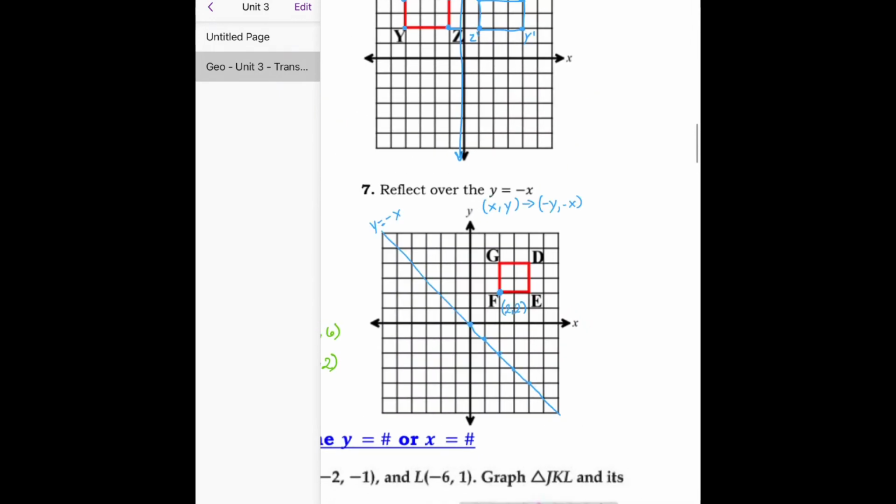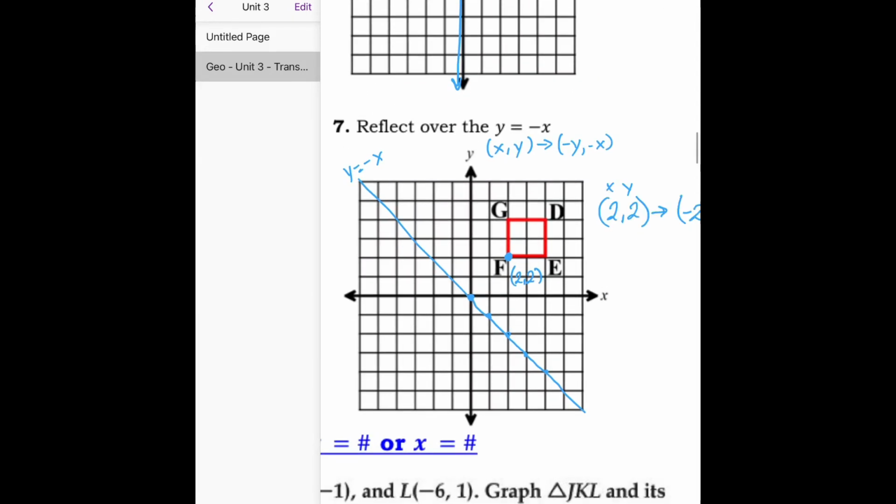Now if I'm going to take my point 2, 2 and reflect it across that line, y equals -x, I need to switch the x's and y's and then switch the signs. So 2, 2 switched is still just 2, 2, but I need to switch the signs. -2 comma -2. Plot that point right here, and that is F.